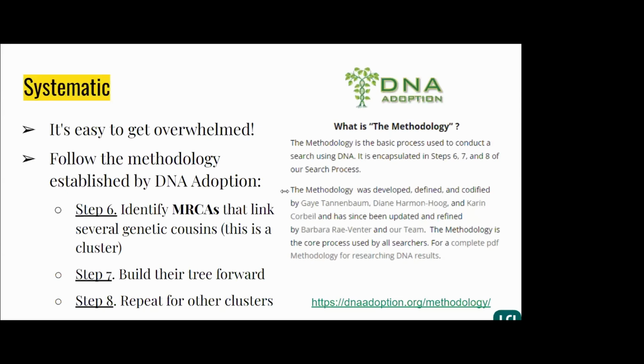So being systematic, the system that you'll go through when you use DNA to identify an unknown parent or grandparent really boils down to just two steps, expanded as three in this slide. The steps are part of a longer method developed for adoptees on the DNA adoption site.